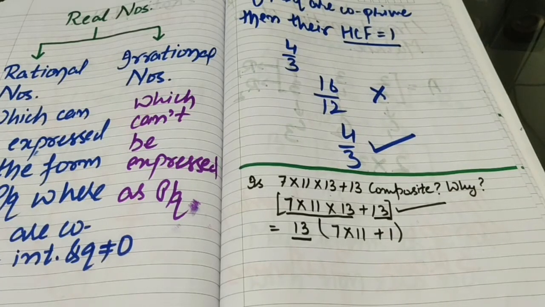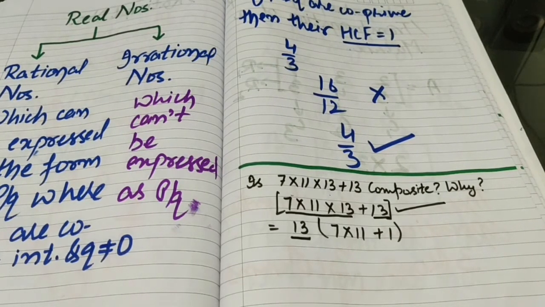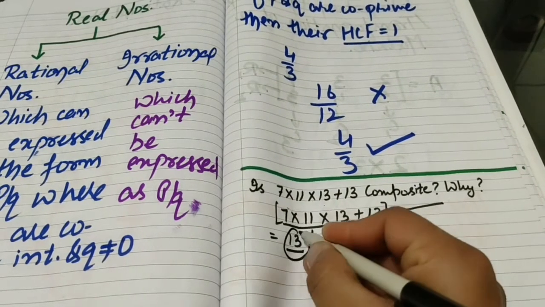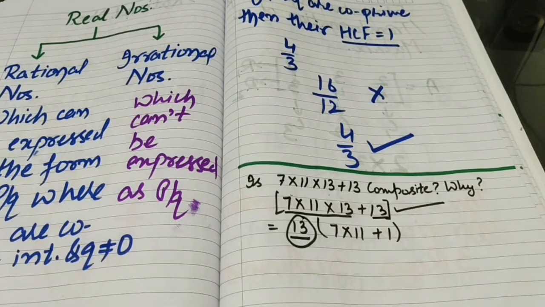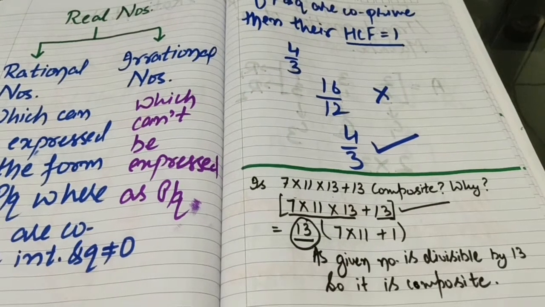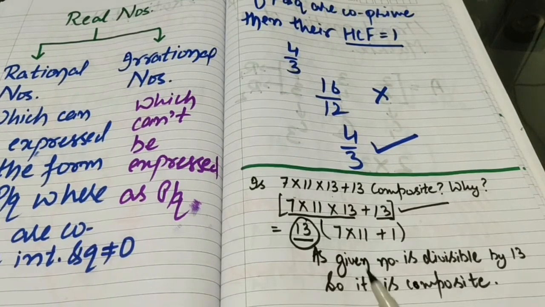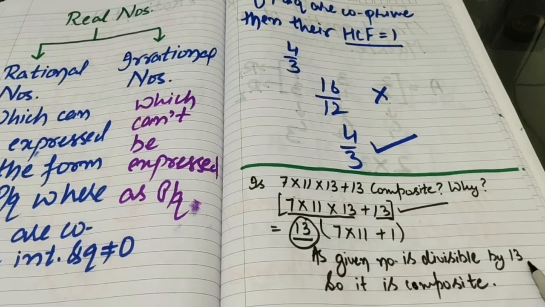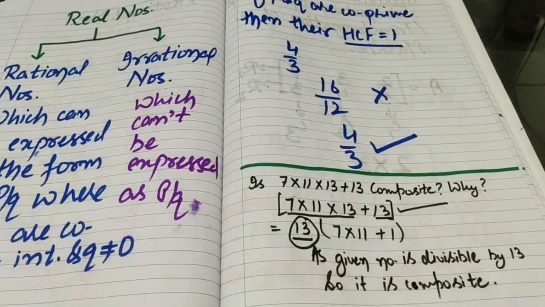As this number has at least 3 factors, one is the number itself, other is 1, and third we have found 13. It may have other factors as well. As this number has at least 3 factors, yes, it is composite. So we will write: as the given number is divisible by 13, it is composite.